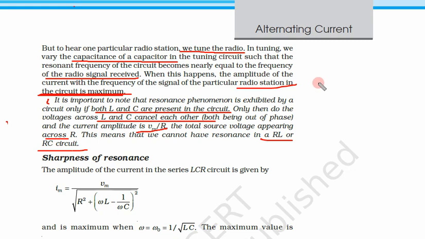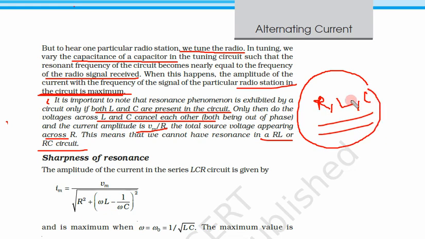We have three types of components, R, L and C, and combinations of these. But resonance occurs only in an LCR circuit, because here we have both L and C, and R is also useful to determine the amplitude of this resonance. So resonance cannot occur in an RL or RC circuit.